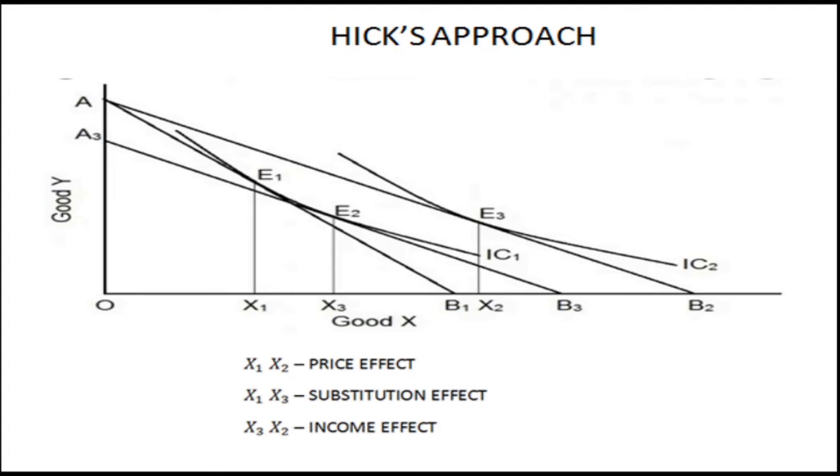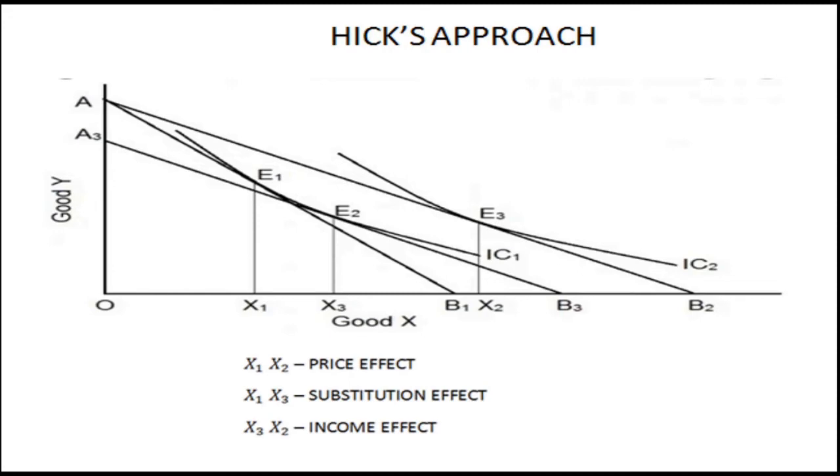So AB2 is now the new budget line after the change in price of good X. And this new budget line AB2 is tangent to the indifference curve IC2 at point E3. So now the new equilibrium point of the consumer is E3, where the consumer is able to purchase OX2 of good X and E3X2 of good Y.